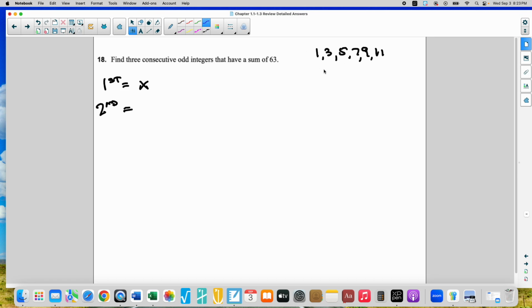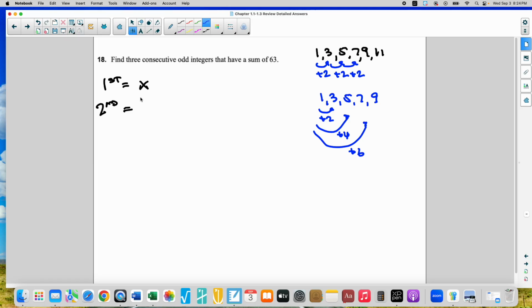So notice that each odd number is plus 2 away. But it is plus 4 from here and plus 6 from here.